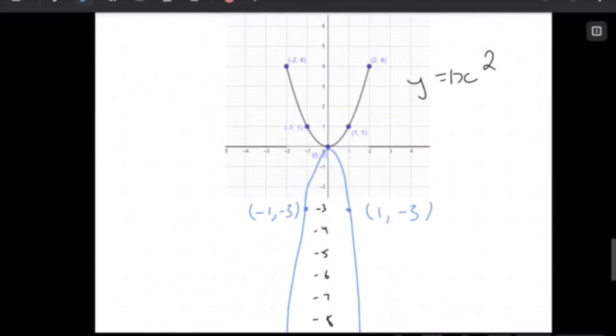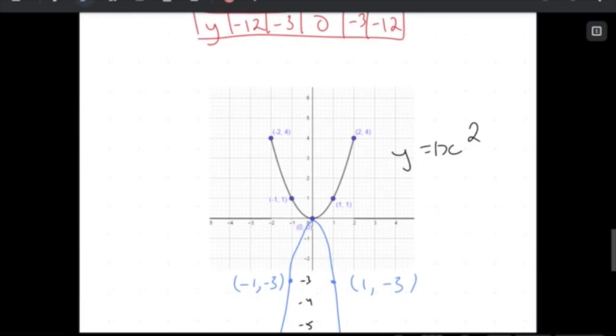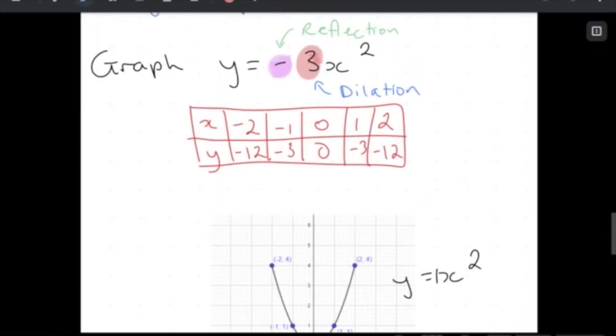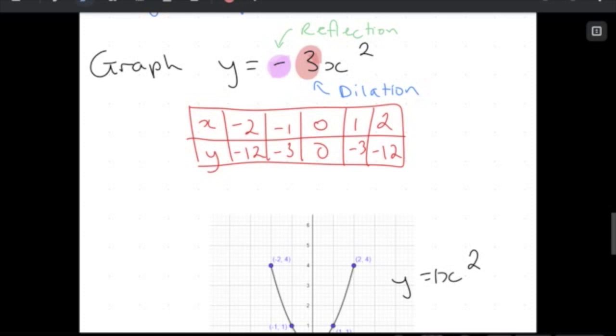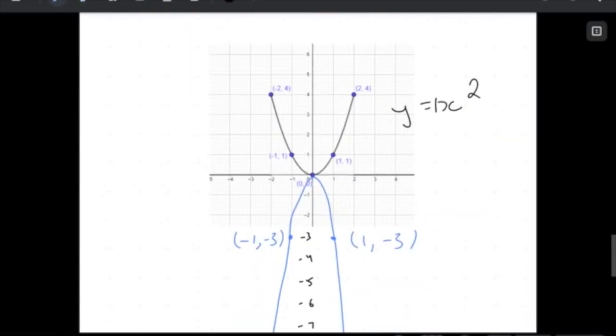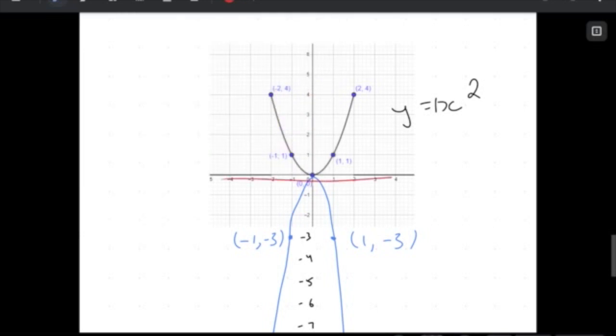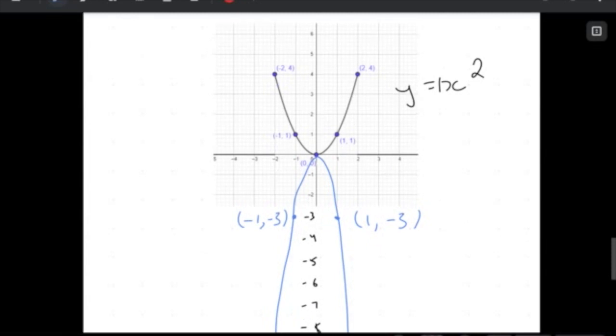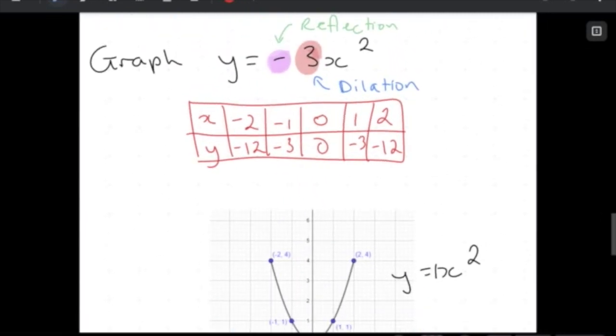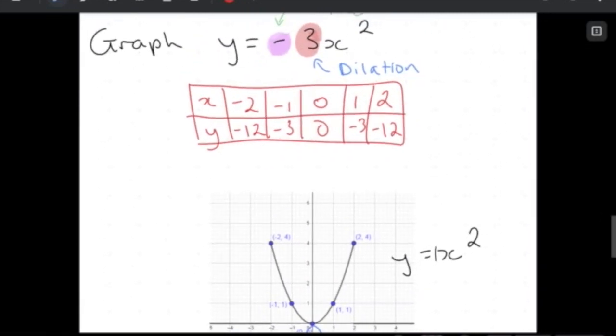So we can kind of see that there. So check, that's good. And because of the negative, it's also a reflection. And you can see once again, we are reflecting along the x-axis here. So that means our diagram is looking pretty correct.